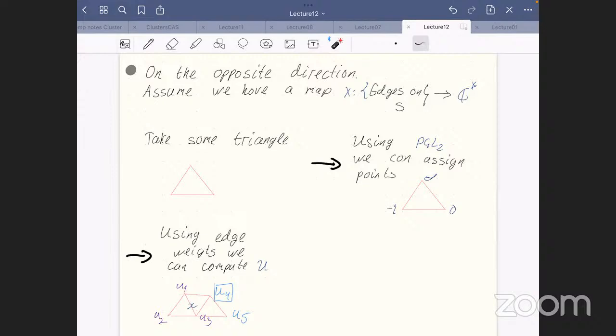Then we can compute the map u, all lines assigned to vertices. There is some gauge freedom which can be fixed by saying that for a given triangle we have -1, infinity, and 0, and everything else can be computed uniquely.